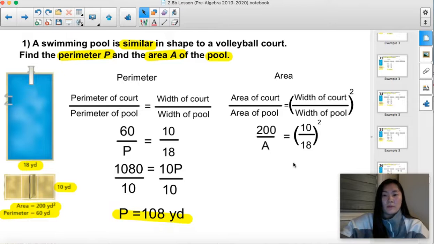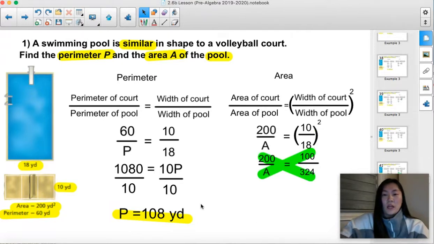Here, I'm going to leave the left side, 200 over A, alone as it is, equal to, we're going to distribute the exponent, and we talked about this in the previous lesson, 10 times 10, which is 10 squared, is 100, and then 18 times 18 is 324. Then we're going to cross multiply.